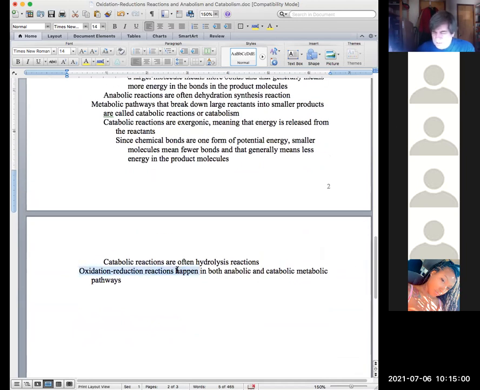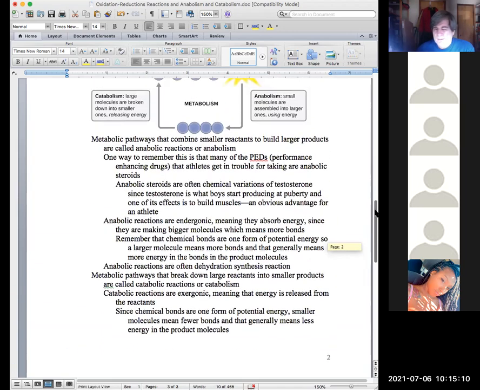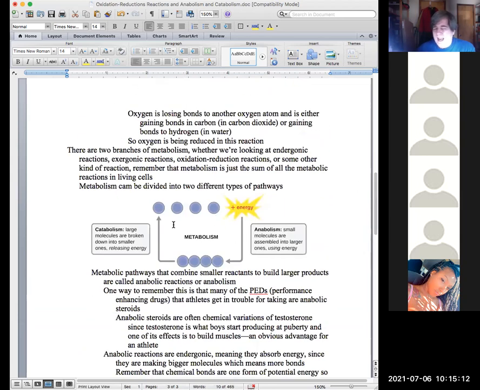Now notice, you can have oxidation reduction reactions, and they can happen in anabolic pathways or catabolic pathways. And individual reactions in a pathway can be oxidation reduction, they can be endergonic, they can be exergonic. But here's what we have to keep in mind.